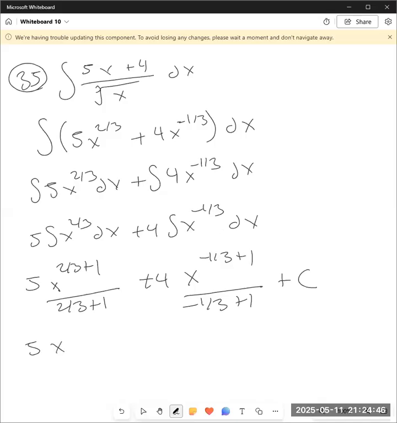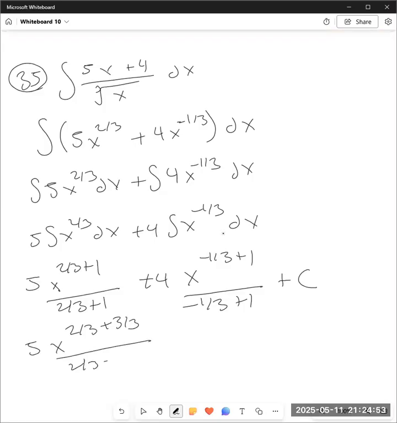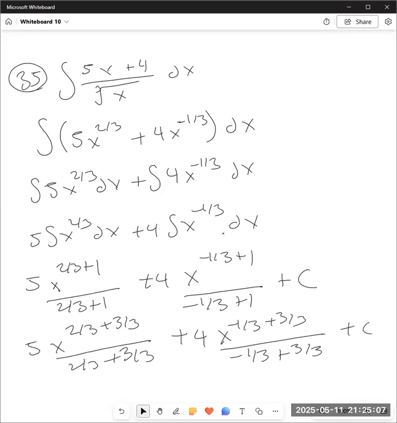That's 5x to the 2/3 plus 3/3 over 2/3 plus 3/3, plus 4x to the -1/3 plus 3/3 over -1/3 plus 3/3, plus c.